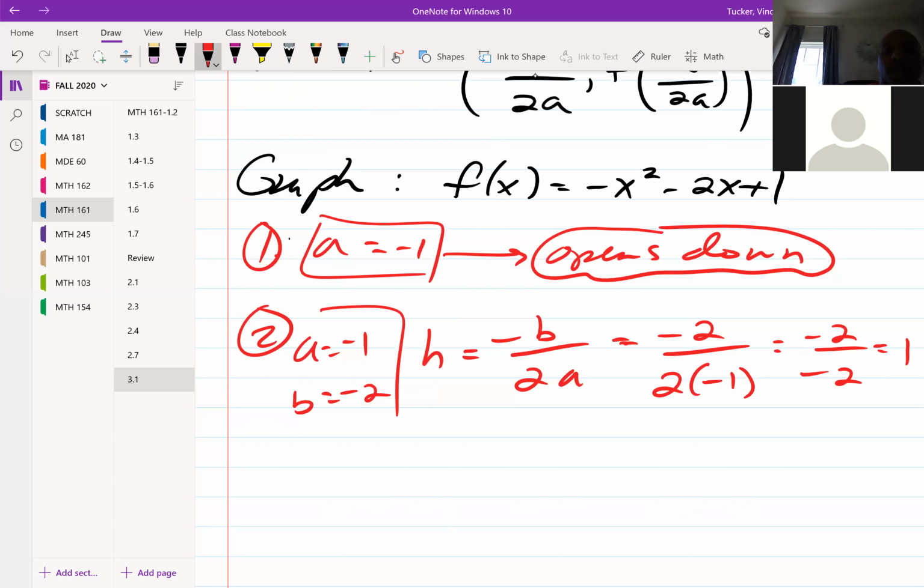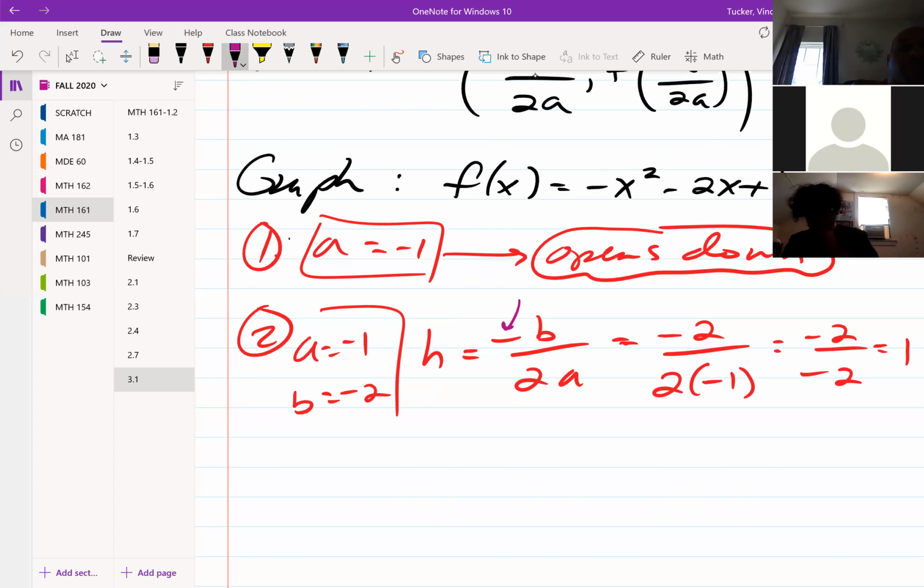Oh, I left the negative off because I plugged in -2 and -1, but there's this negative right here. So make sure you're careful with that. Let me write that neater. You have negative of -2 over 2 times -1.